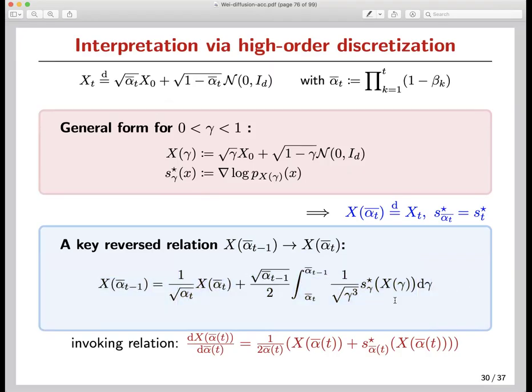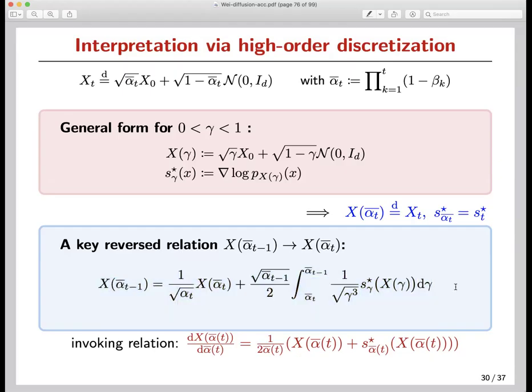Basically, once you know the score function, you can recover x t minus 1 by doing this integration over the score function plus x t. This relation only needs some derivatives and some integrals, and then you can establish it really easily.